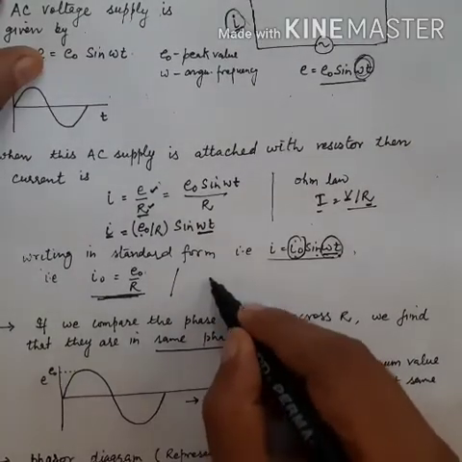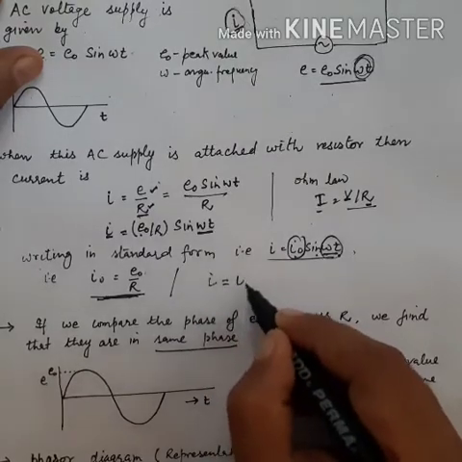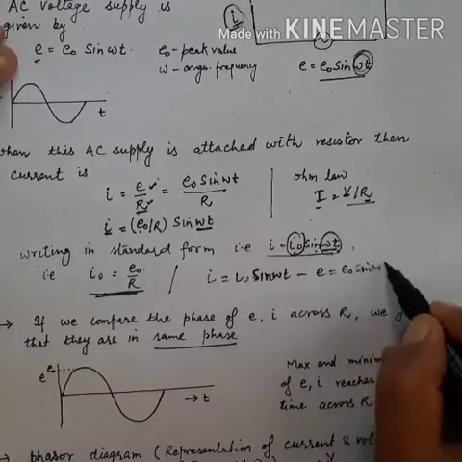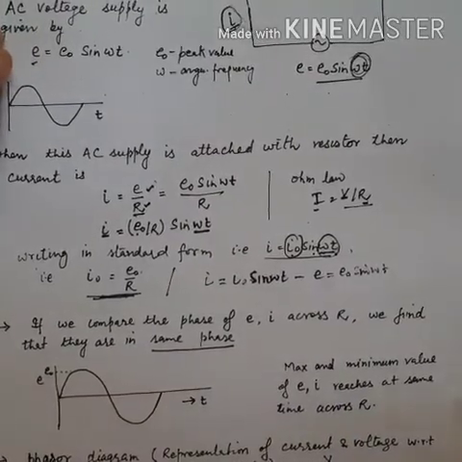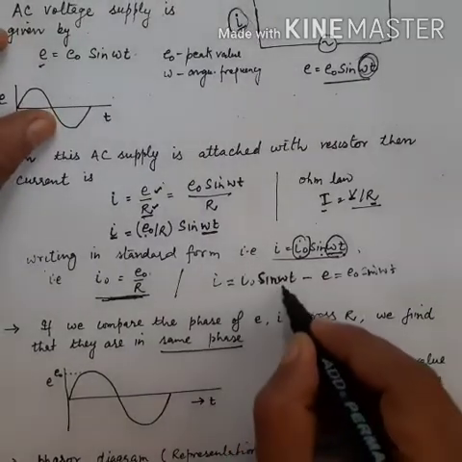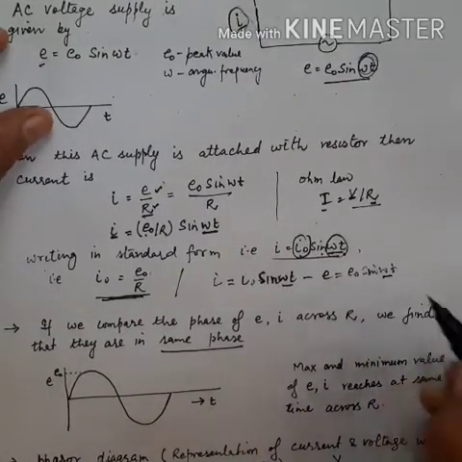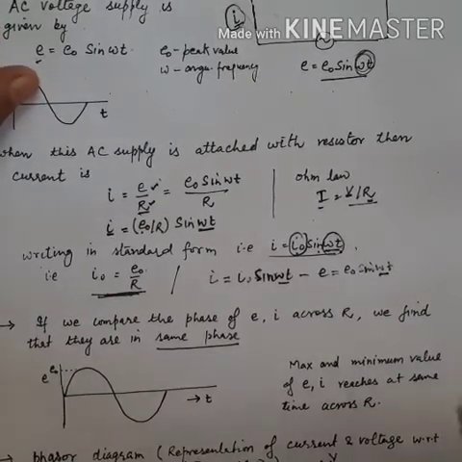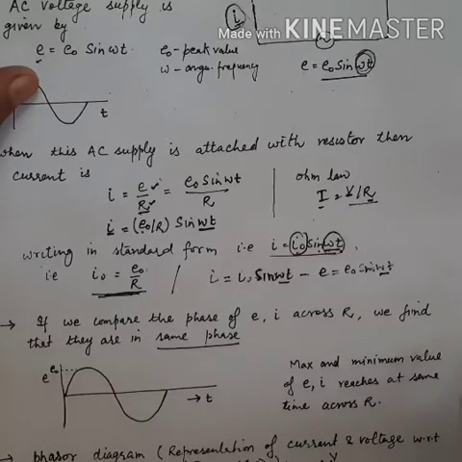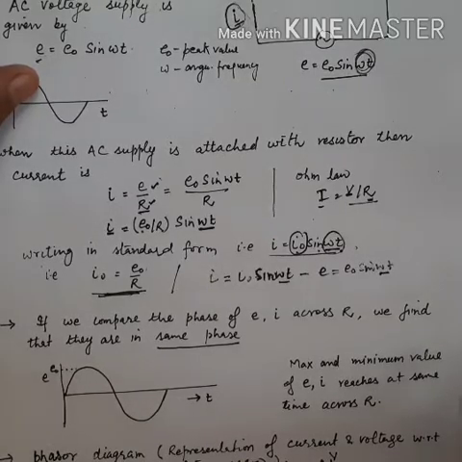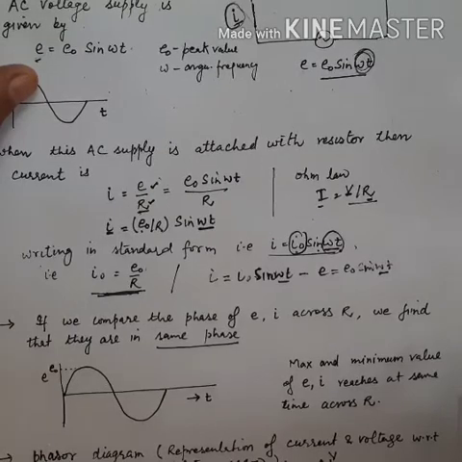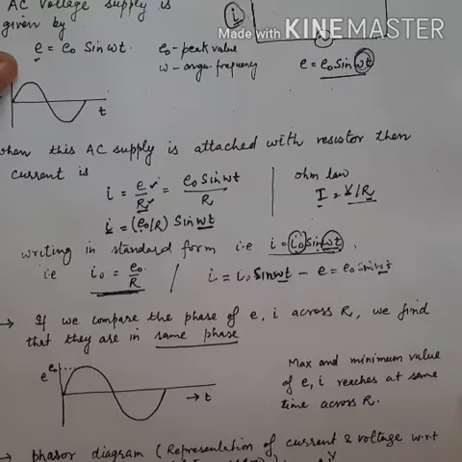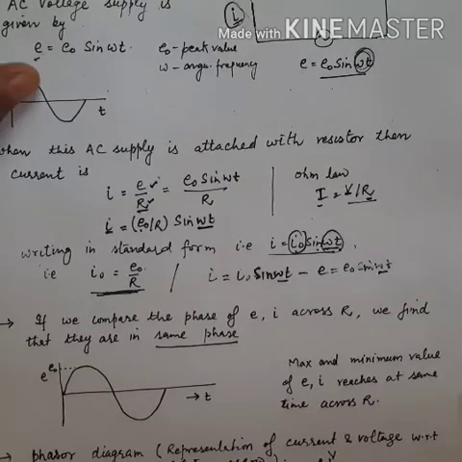Here the current is equal to I naught sine of omega t. If you see, both have the same phase, same angle. So we can say that when AC is fed through a resistor, both current and voltage are in the same phase, or both will achieve maximum and minimum value at the same time.